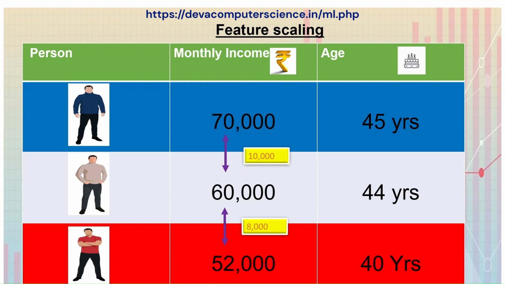The difference here is 10,000 rupees and here 8,000 rupees. In terms of age, the difference between the brown and blue person is 1 year. Between brown and red it is 4 years.